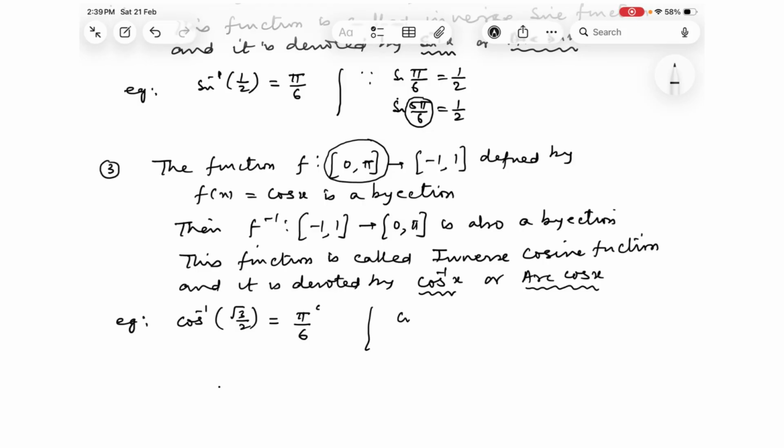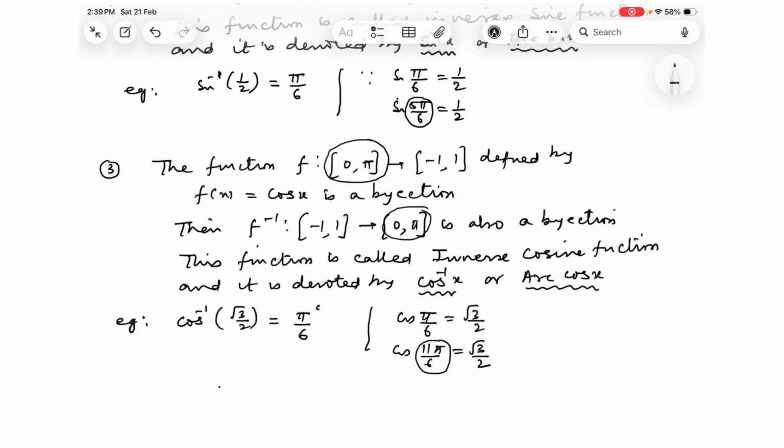Because cos pi by 6 is also root 3 by 2. Cos 11 pi by 6 is also root 3 by 2. But we should not write cos inverse root 3 by 2 as 11 pi by 6, because 11 pi by 6 is not in the range of 0, pi.